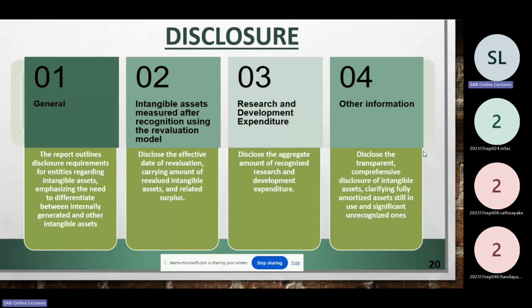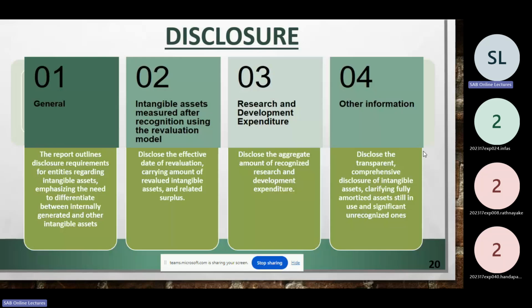Under the second topic, the standard requires disclosure of the effective date of revaluation and the amount of revalued intangible assets and related surplus. Then the third topic, the standard requires disclosure of the amount of recognized research and development expenditure. For the fourth topic, the standard requires transparent, comprehensive disclosure of intangible assets, clarifying fully amortized assets still in use and significant unrecognized items.